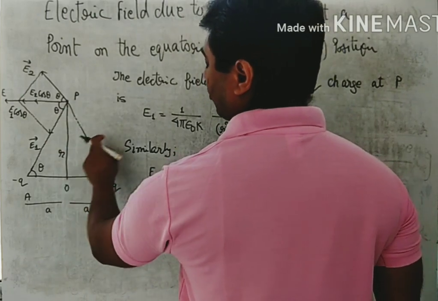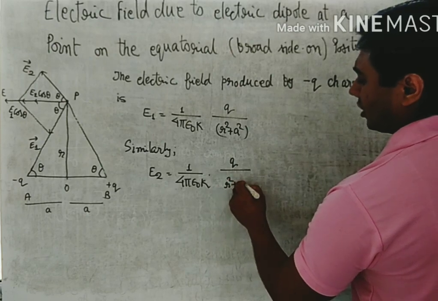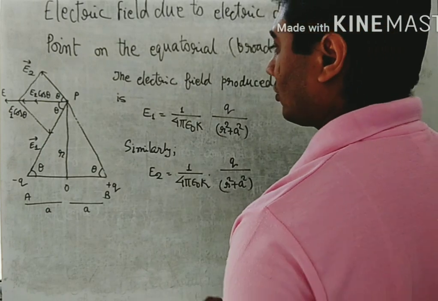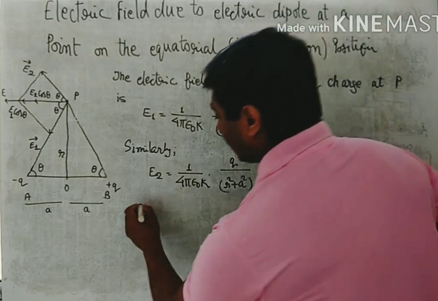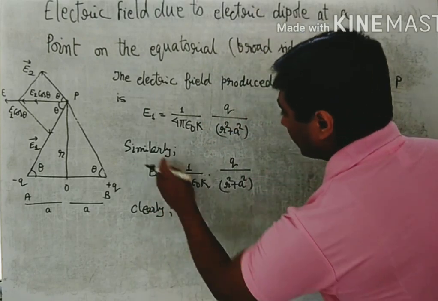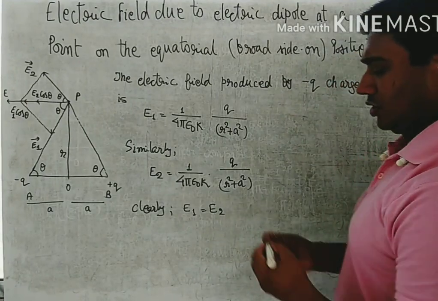So BP would also be under root R square plus A square, and when we have the square of that, R square plus A square, the root will get cancelled. Now clearly we can say, this E1 is just equal to E2.